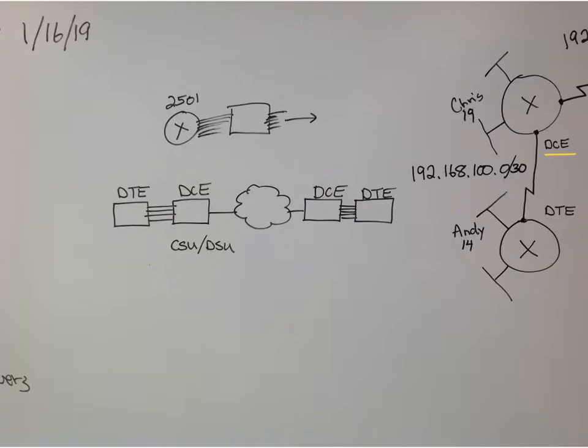So I gave an example from back when, actually after 9/11 now, but anyway, when schools wanted access to the internet, they had these 2501 Cisco routers, and they connected to a box which was a CSU/DSU.